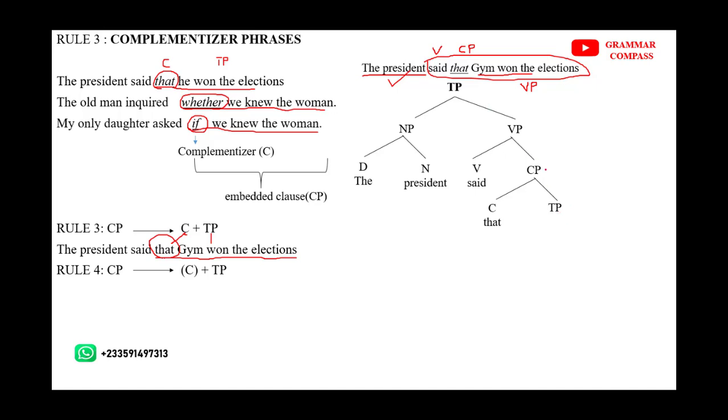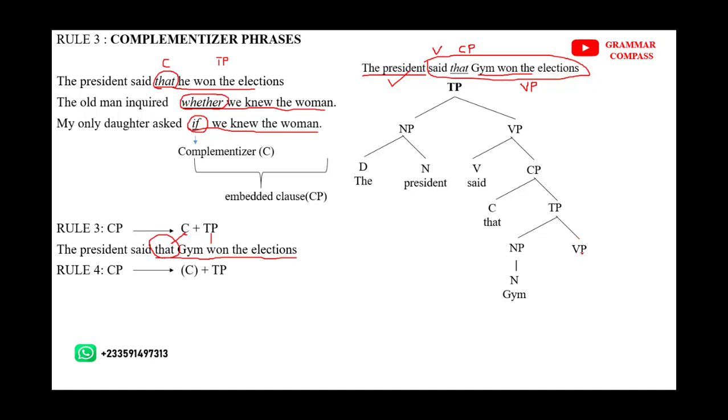We can break down this sentence easily. Jim won the elections. First of all, every TP has an NP. In this case, the NP is Jim. We have an NP that consists of only a single noun, that is Jim. And every tense phrase has an NP and a VP. Let us expand the VP part. If the NP is Jim, then "won the elections" becomes a VP.